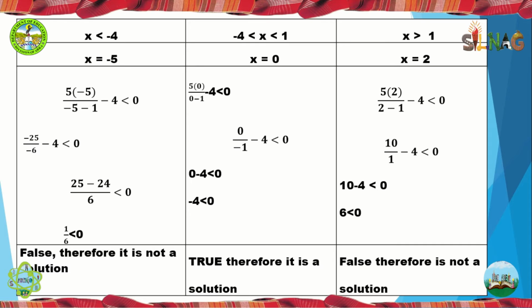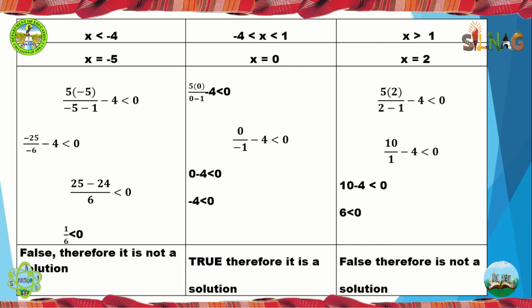Then we simplify the left side. The LCD is negative 6, or it can be positive 6, because negative 25 over negative 6 simplifies to positive 25 over 6. So let us use 6 as the LCD. 6 divided by 6 is 1, times 25 is 25. 6 divided by 1 is 6, times negative 4 is negative 24, is less than 0.